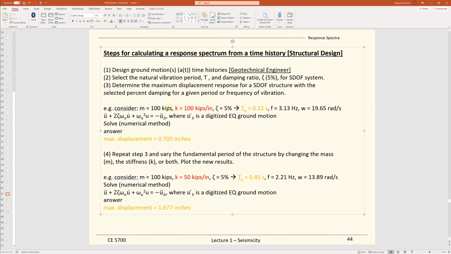For example, if we know the mass, the stiffness, and the lateral time period, then we solve these equations numerically, and we can find out the displacements, because these equations are in terms of the displacements, and also velocity and accelerations. If we solve this numerically, then we can find displacements.